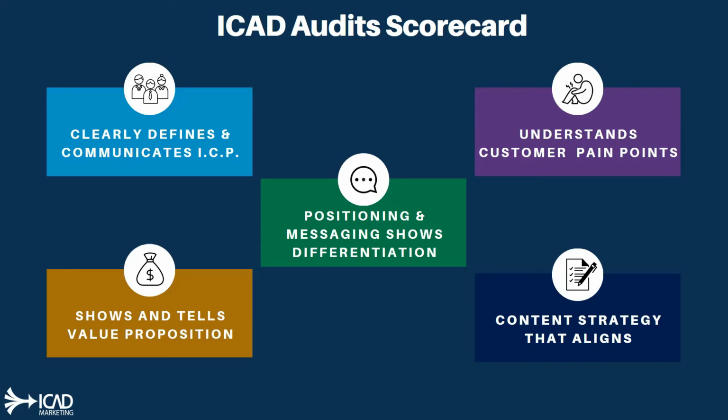And content strategy that aligns, I gave them a 3 for that. It does align with who I think they're going after, which is project managers, but I still think there's so much more they can do from a content standpoint, to really build their brand and position themselves in their specific niche and category as an authority.